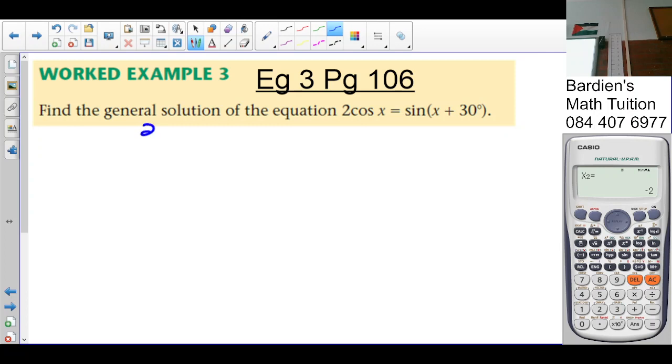So you get 2 cos x equals sine x cos 30 plus cos x sine 30.